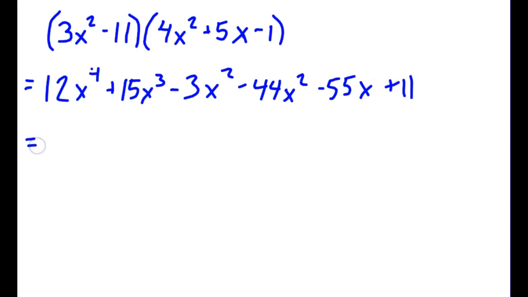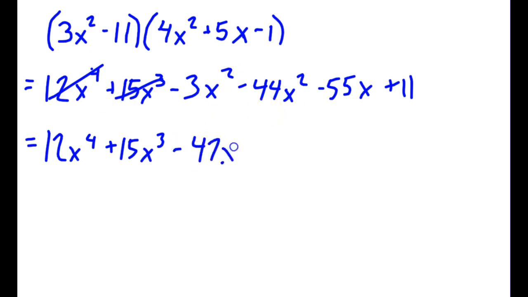Final step, we need to go through and combine any like terms. We only have one x to the fourth term, so we have 12x to the fourth. There's only one x cubed term, plus 15x cubed. We have two terms that are x squared, negative 3 minus 44, minus 47x squared.